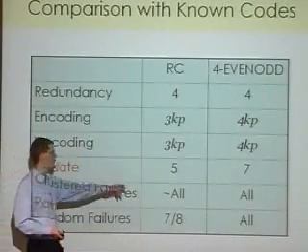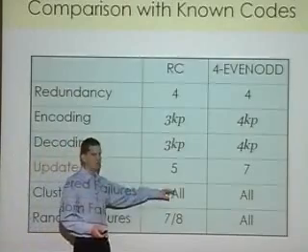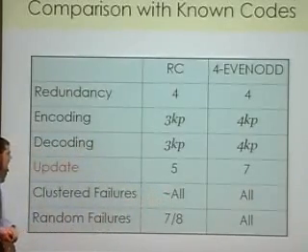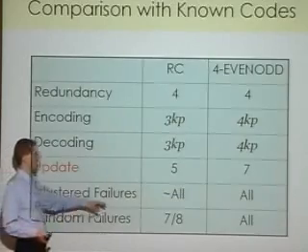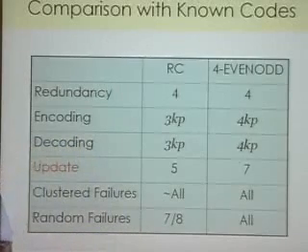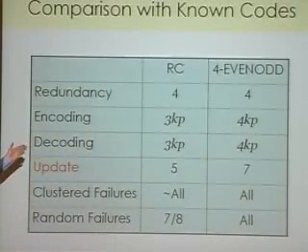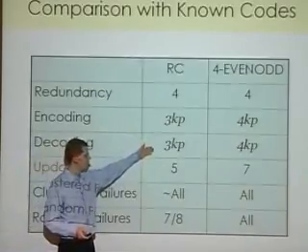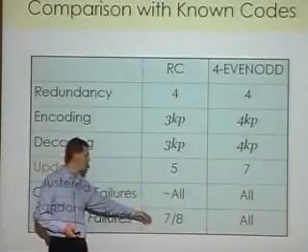Cluster failures, we can correct all of them, minus some negligible fraction of them. And random failures, we don't correct all of them, but we correct 7 out of 8 combinations. So that's another point on the trade-off between complexity of implementation and correction capability.